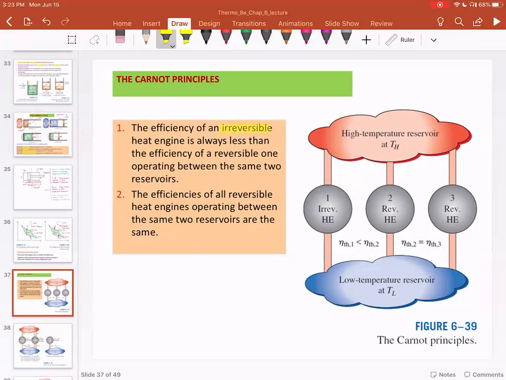If you have an irreversible heat engine, in other words, an engine that is not working on the Carnot cycle, the efficiency of that engine will always be less than the reversible engine, which is the Carnot engine.